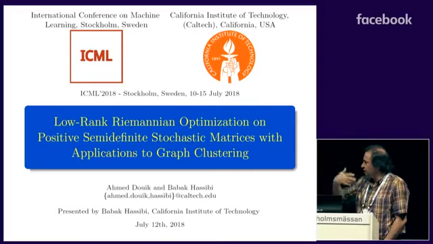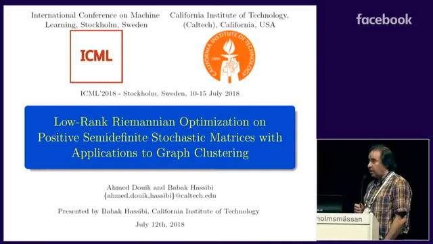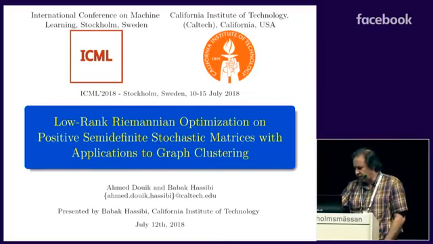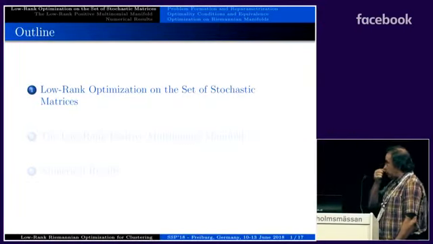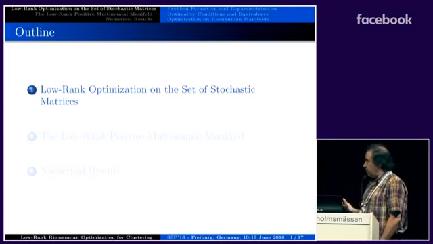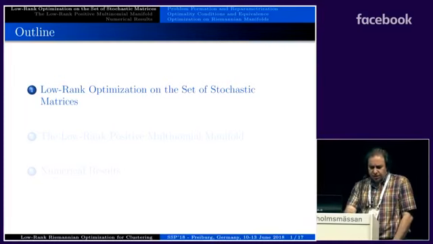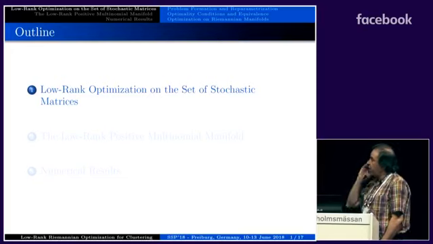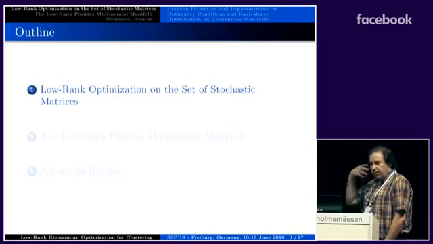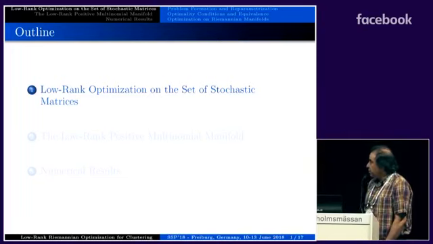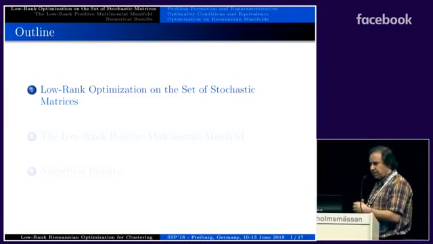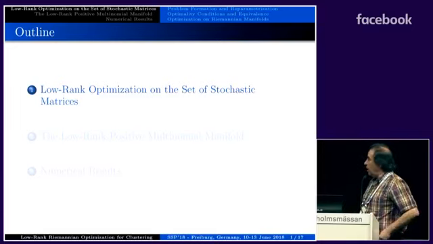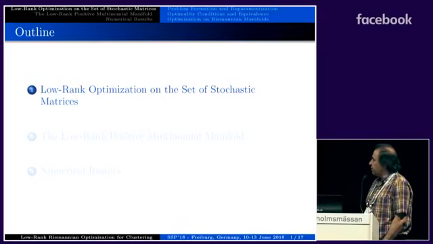This talk is kind of fortuitous because the previous talk was on Riemannian optimization, and this is too. I'll tell you what the context is. We want to do low-rank optimization on the set of stochastic matrices. The reason we're interested in this is because we were interested in doing graph clustering. There's recently been a slew of convex optimization methods to do graph clustering, where you're given partial observations, say, of the noisy adjacency matrix or a similarity matrix of a graph, and you want to cluster the items in the graph.